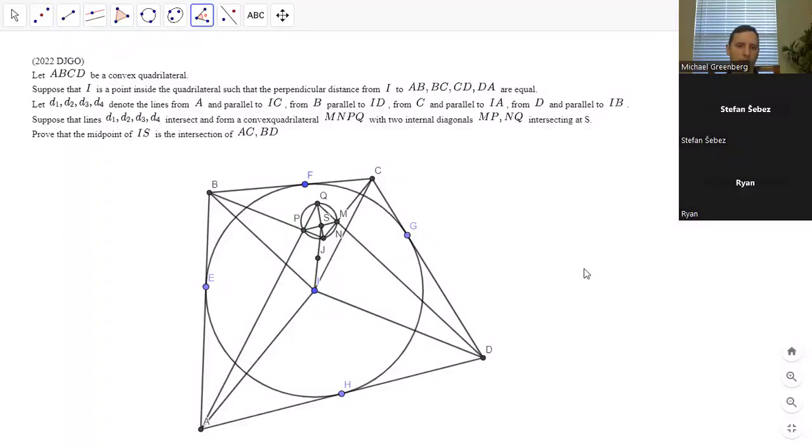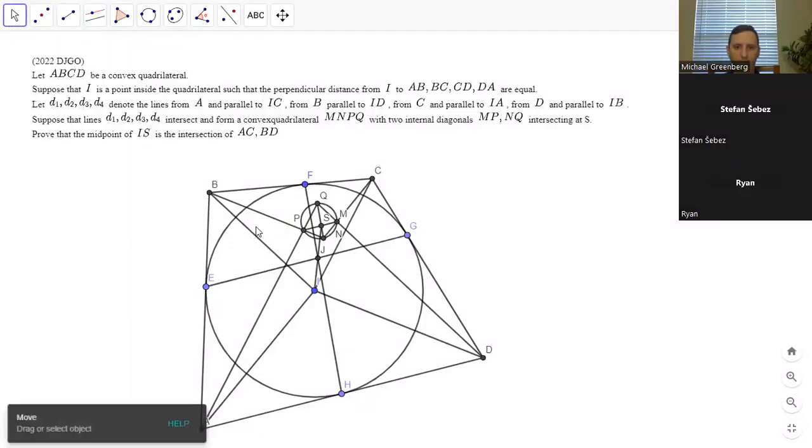So what does Newton's theorem say? I forget. So maybe J also. So Newton's theorem, I guess, says that these all concur. I think that's what Newton's theorem is, right?